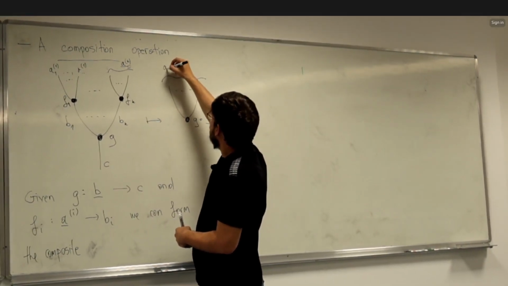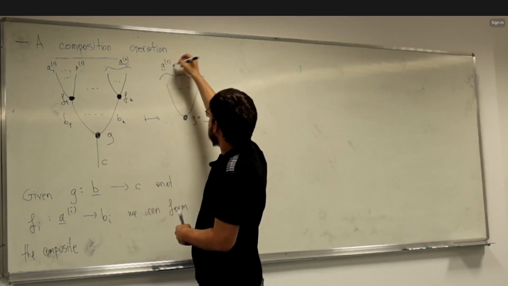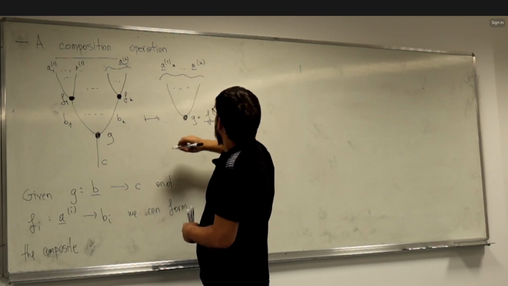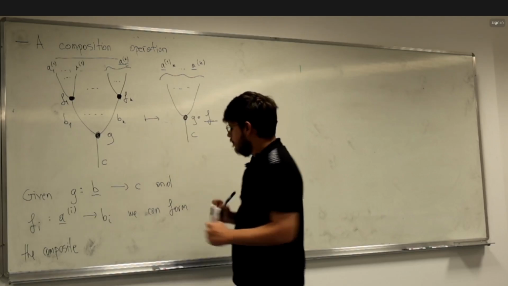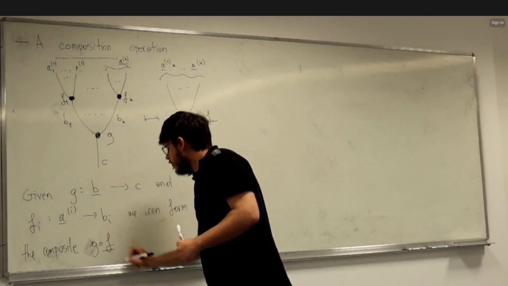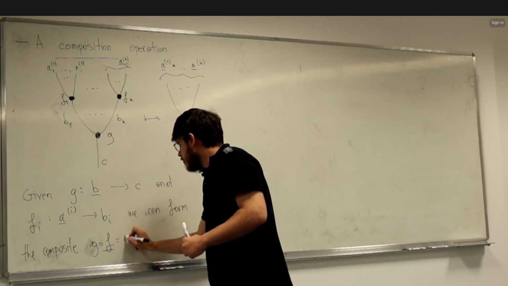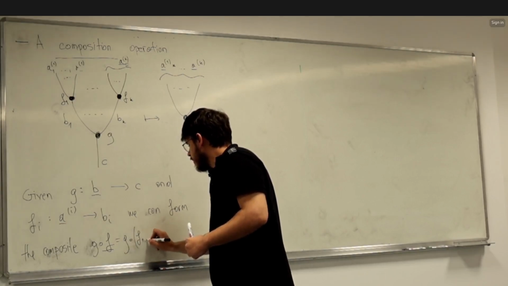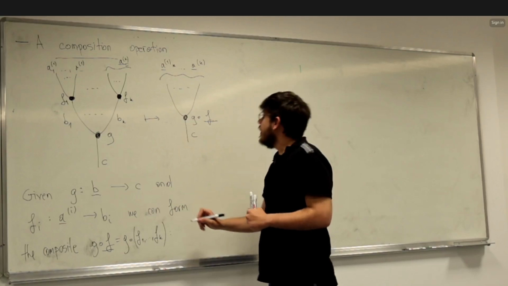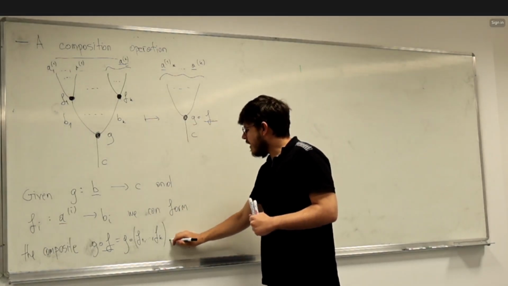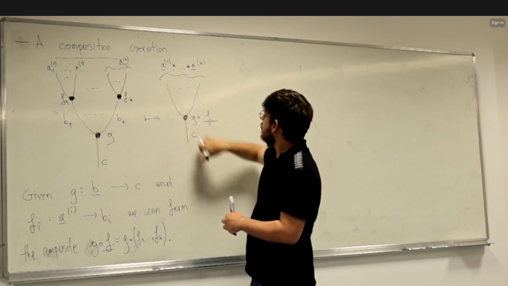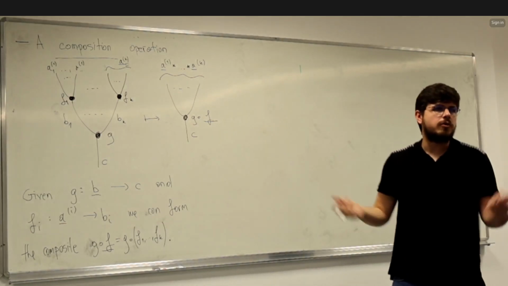So we have sequence A1, let me write star for concatenation, sequence AK, and the output is this C. We get a composite G composed F bar, also written as G composed with F1 up to Fk, depending on what you want to emphasize. This goes from the concatenation of these top sequences to the bottom color.